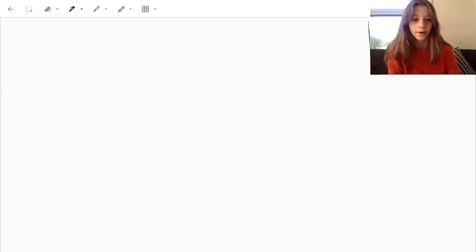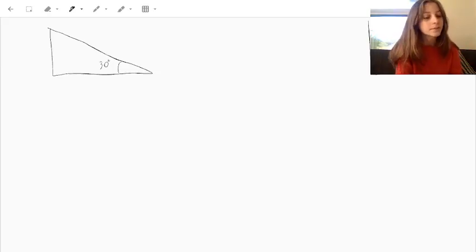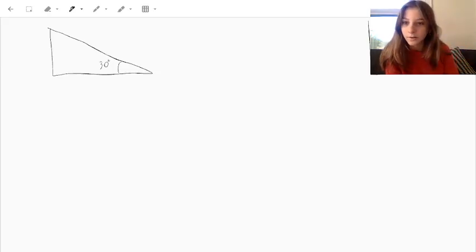So we have a wedge-shaped road, basically, with an angle here of 30 degrees. There is a car here, and it has a mass of 2,510 kilograms.